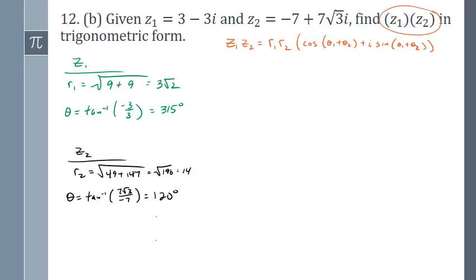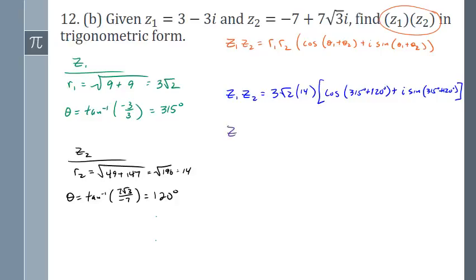All right, so we have all of our info. Plug everything in. z1 times z2 equals r1, which is 3 rad 2, times r2, times the cosine of theta 1 plus theta 2 plus I sine theta 1 plus theta 2.